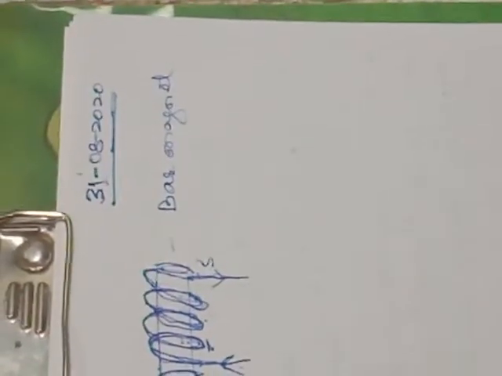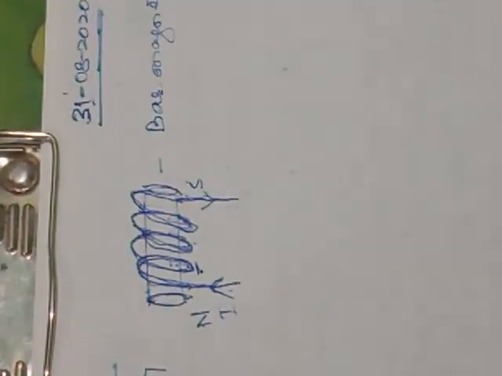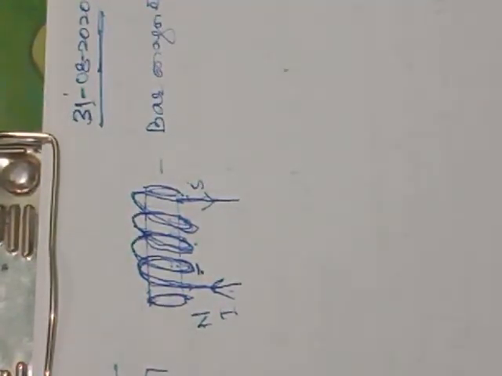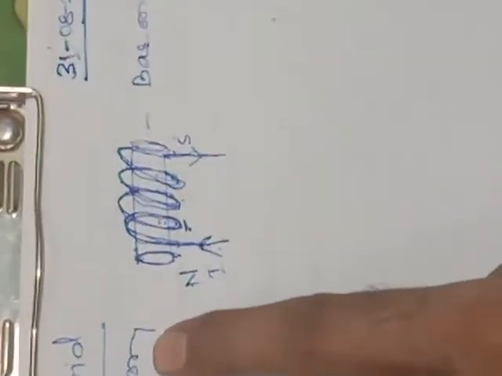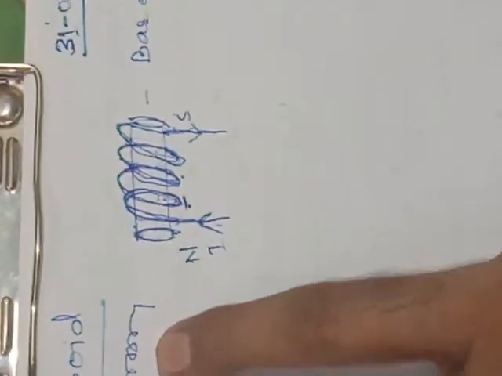In the case of a solenoid, you have to understand that a solenoid is a long coil of wire which is wrapped in many turns. The same wire is rotated and kept in many turns. When current passes, it will create a uniform magnetic field inside the solenoid.